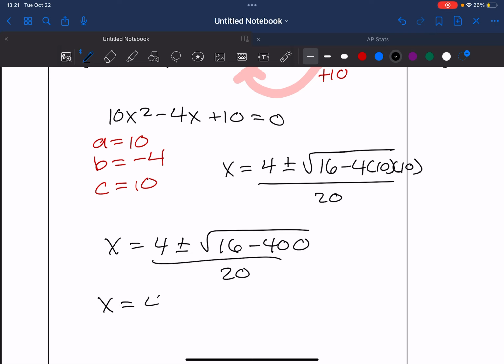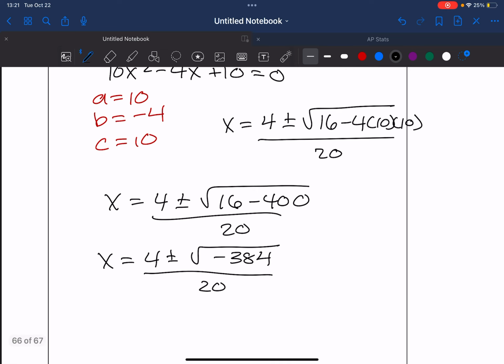So X is equal to 4 plus or minus the square root of -384 over 20. So since we have a negative under the square root, right away this tells us that we are going to get imaginary roots. But we also know that we can reduce the radical 384 by using the prime factor tree. Okay. Again, this is something you should have learned in Algebra 1.